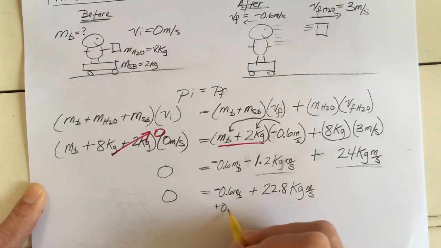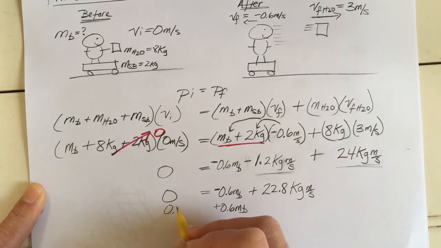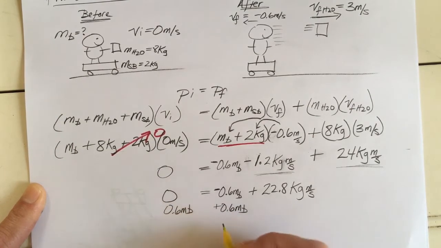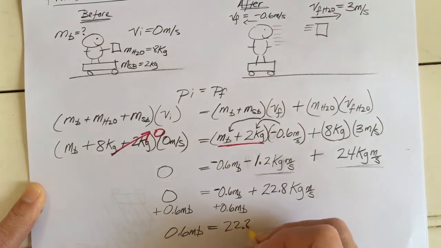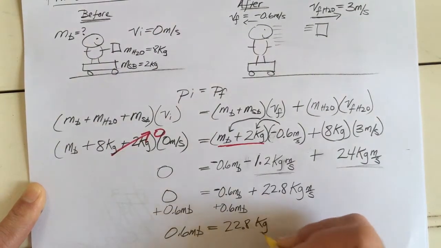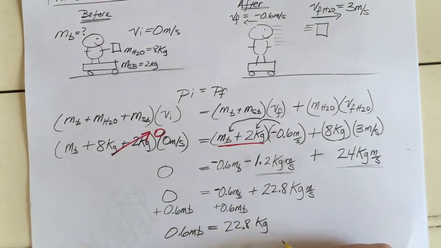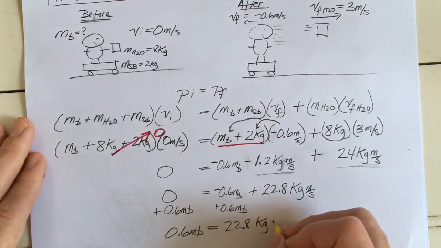Just add 0.6 MB to both sides. Okay, so we're going to get 0.6 MB is equal to 22.8 kilograms meters per second.